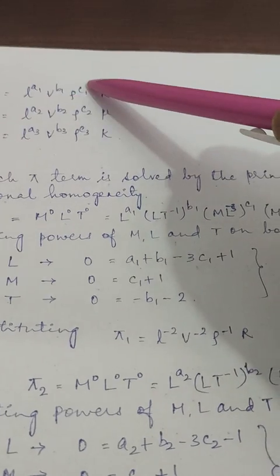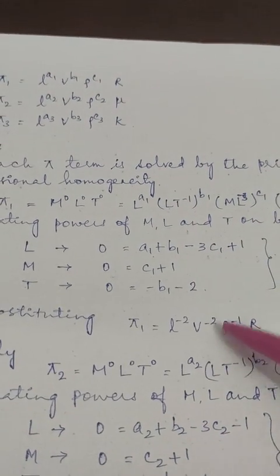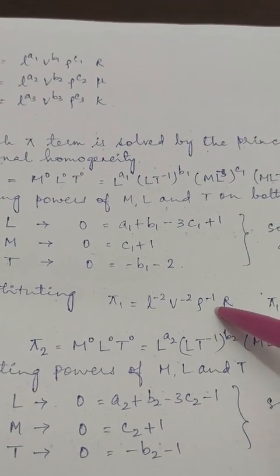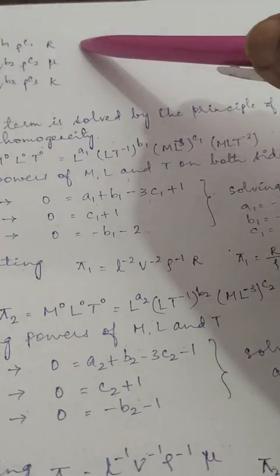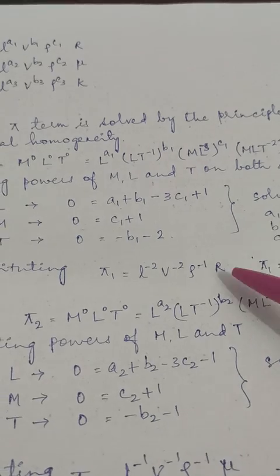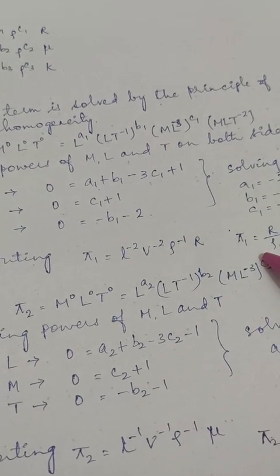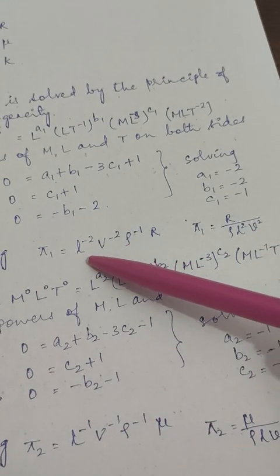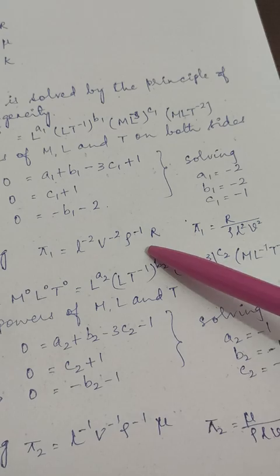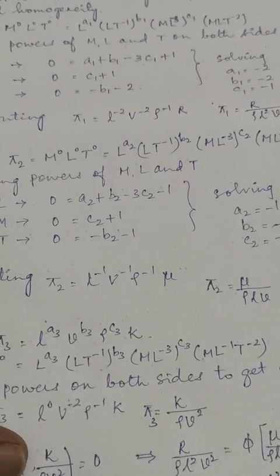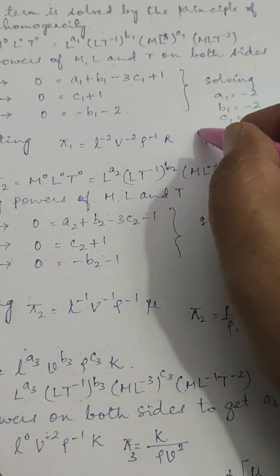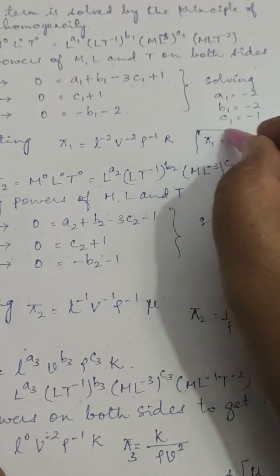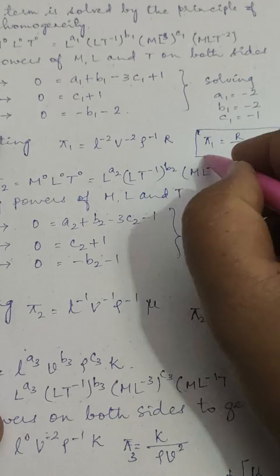Then rho to the power of c1, where c1 is equal to minus 1, and into r. So now pi 1 I am getting as r divided by L square v square rho. That is my pi 1 term here.